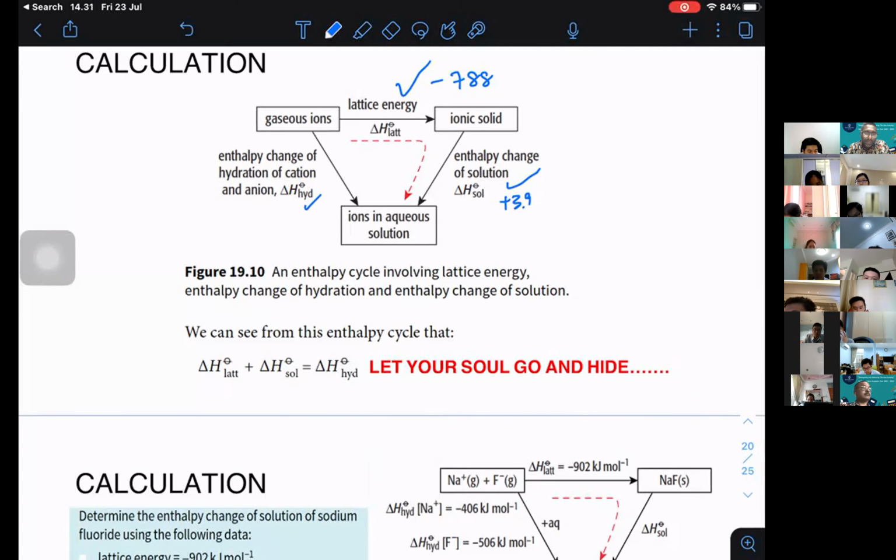In that equation, clockwise equals anti-clockwise: lattice energy plus solution will give you the hydration. Or you can memorize this formula by remembering "let your soul go and hide".